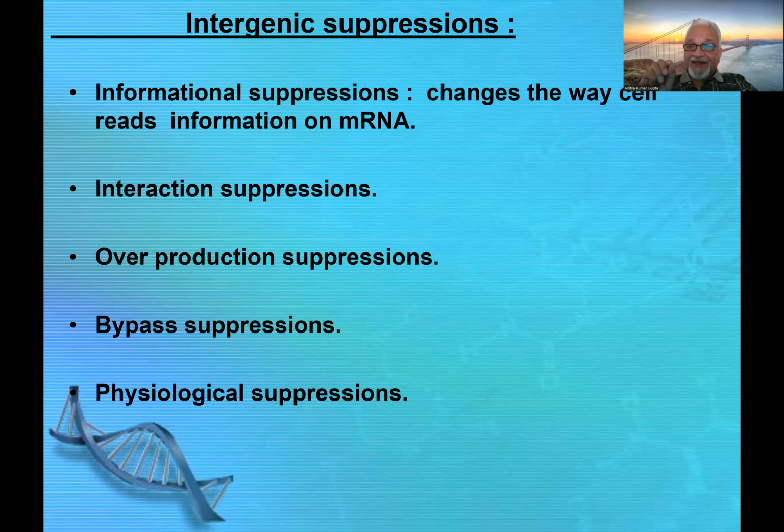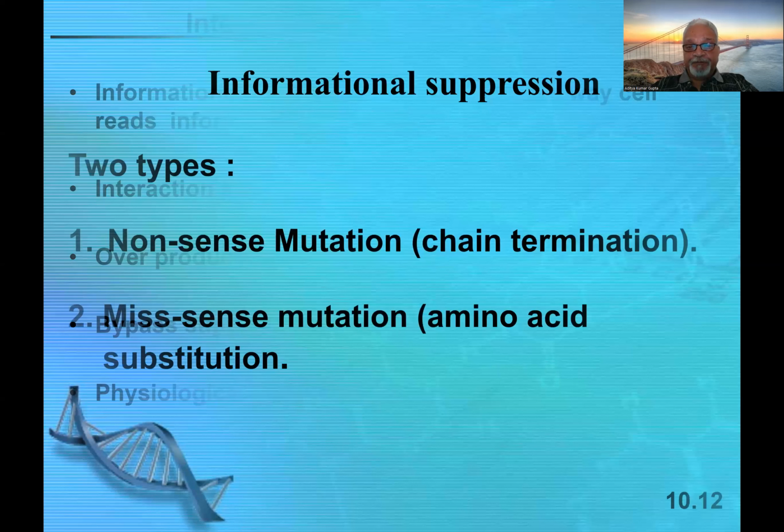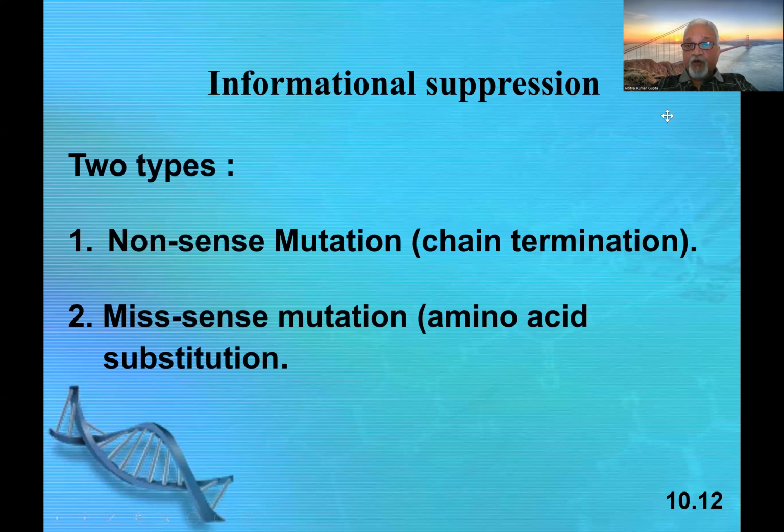So the second gene, or mutation in the second gene, that I'm referring to in this class of reversions, is the tRNA gene. Now, there are two types of informational suppression.